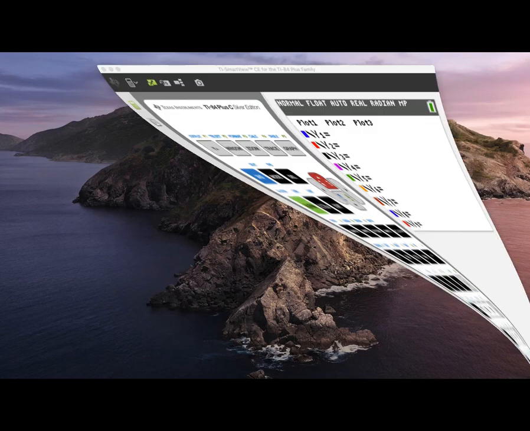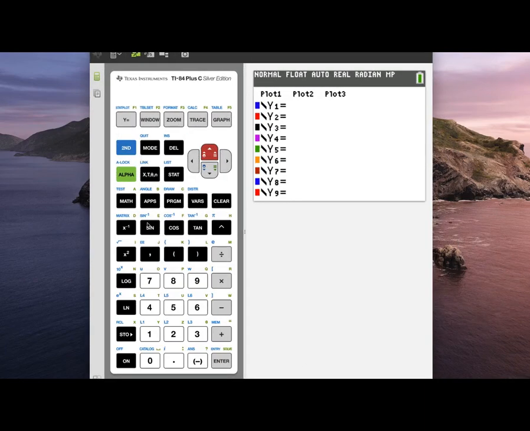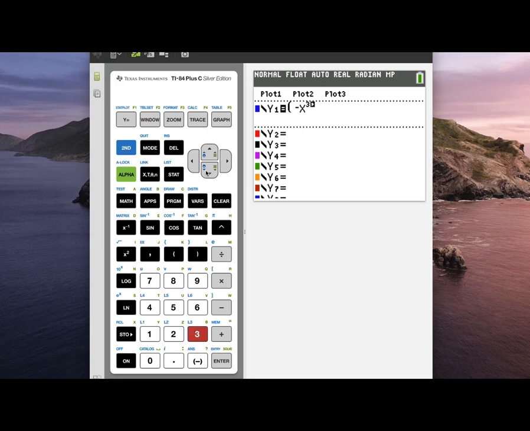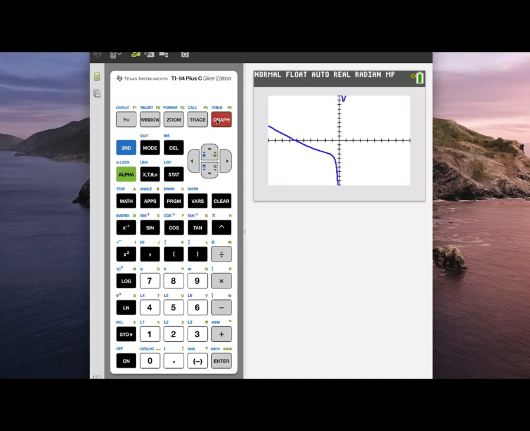So pulling up my calculator here, we'll type in negative x cubed minus 6x squared minus 5 on top, and we're dividing that by x squared minus 2x. All right. Now, as I hit graph here, you can see all sorts of stuff occurring.